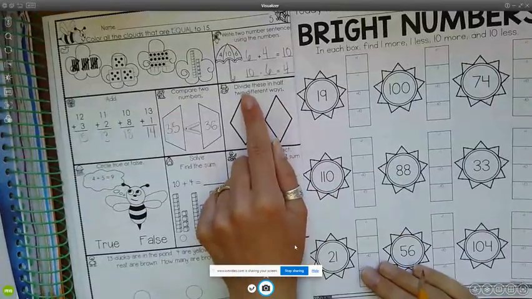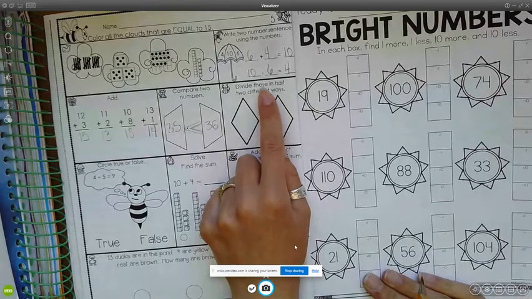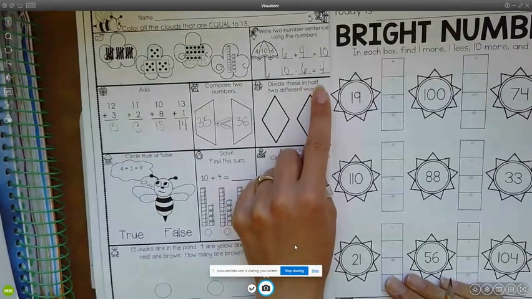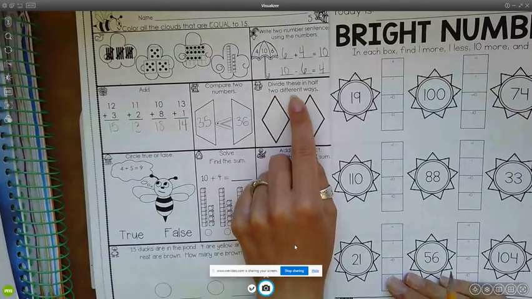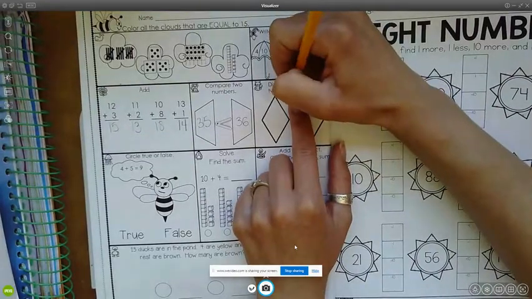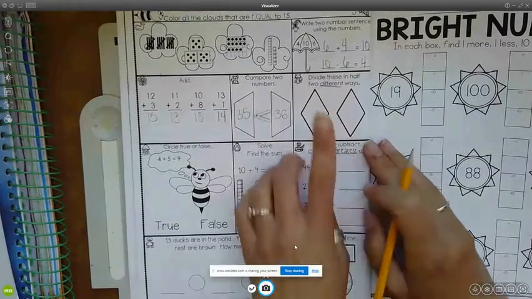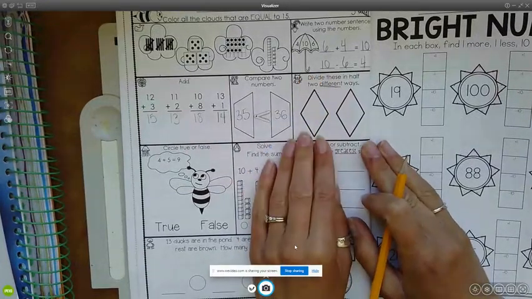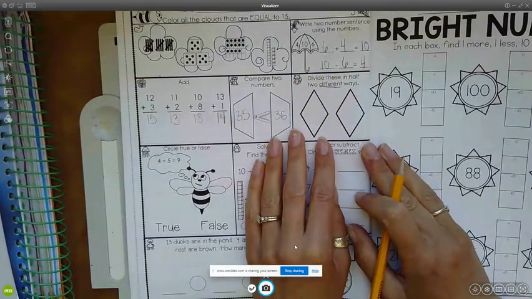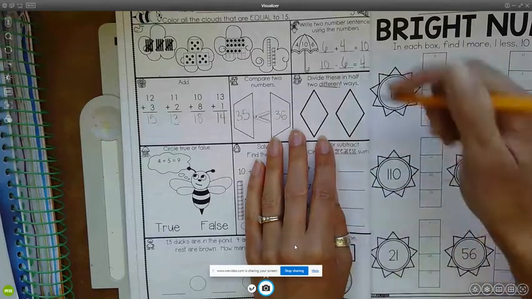Okay. On to my cat. It says divide these in half. 2 different ways. That's probably important. Okay, so I know when I divide things in half, I make one line, and it's like I'm going to share a piece with a friend.